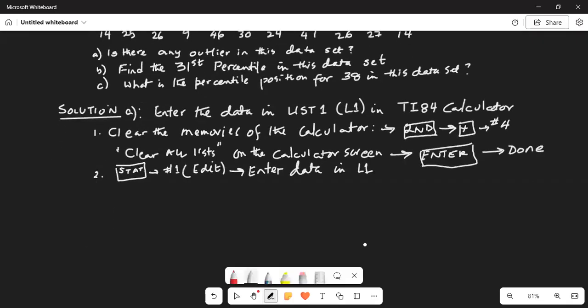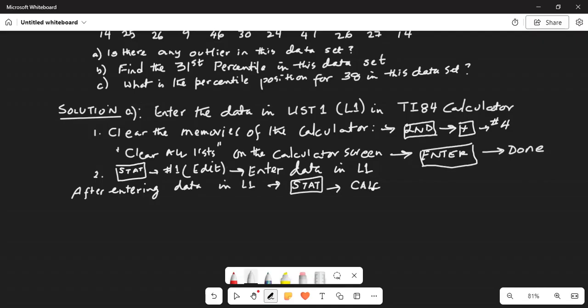After entering data in L1, then press the stat button again. Then highlight calc.